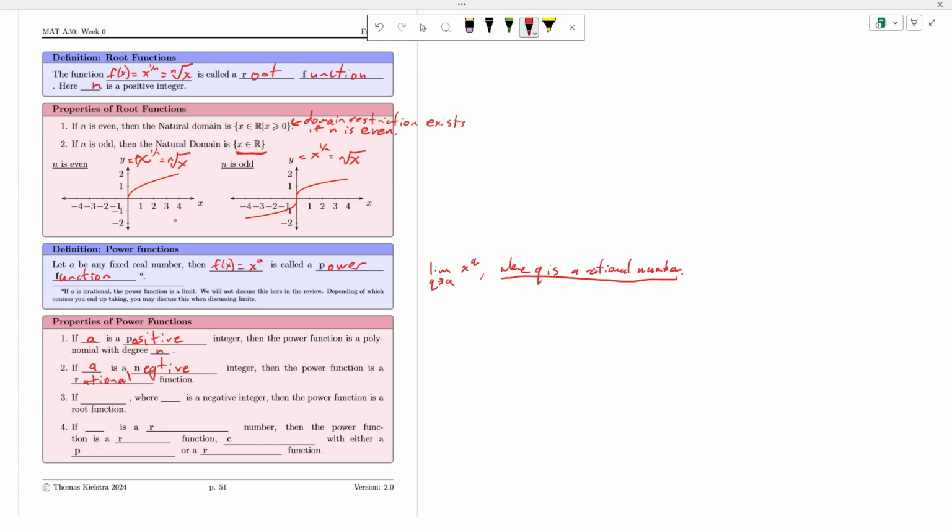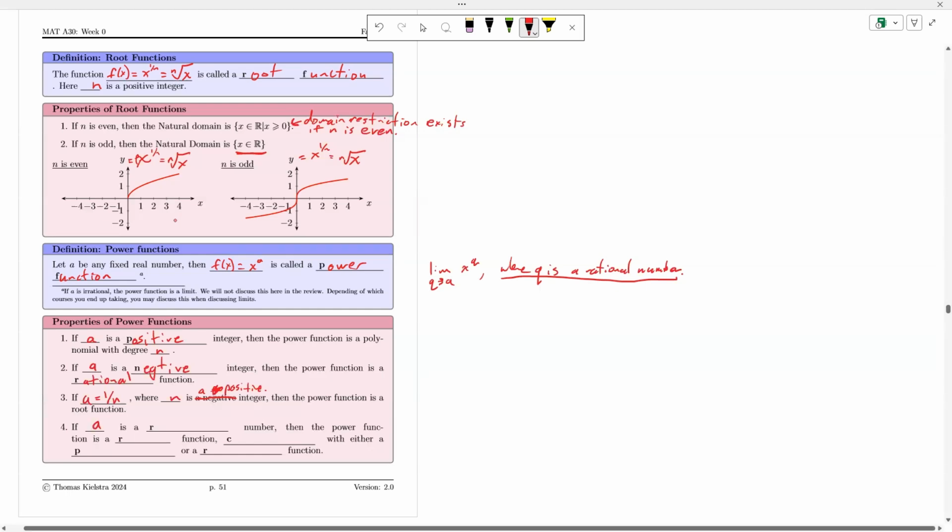Now, if a equals 1/n, where n is a positive integer, then the power function is a root function.